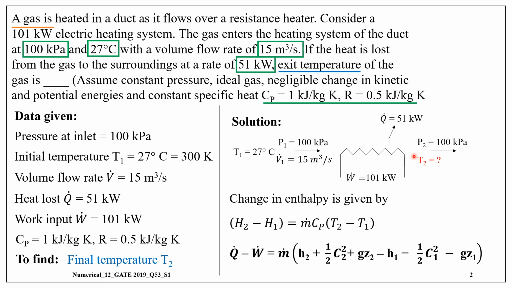The steady flow energy equation is given as, in this equation, neglect velocity at the exit, velocity at the inlet, also the potential energy difference between the inlet and exit, since no data about them are given.